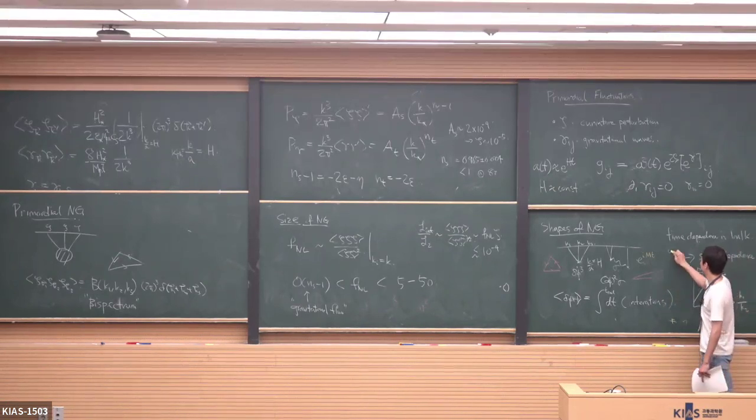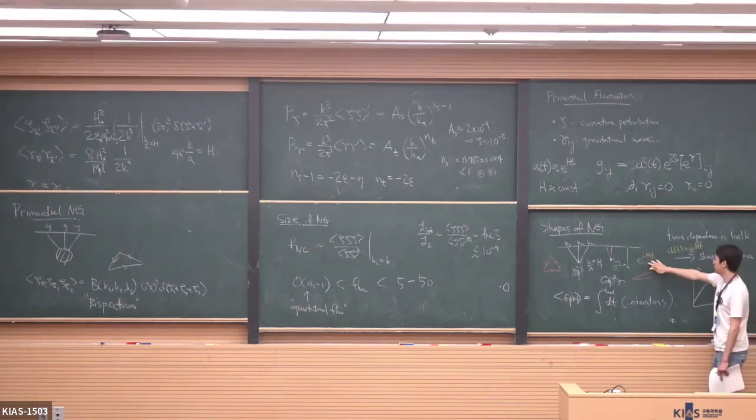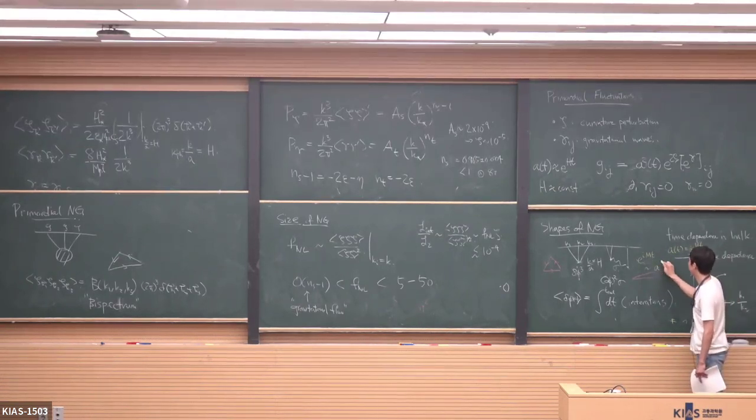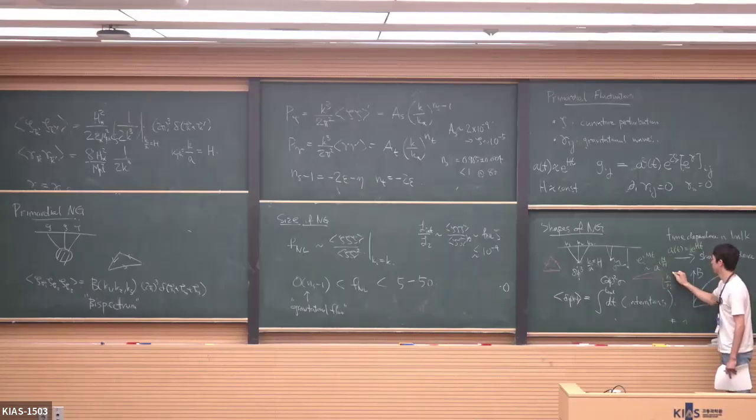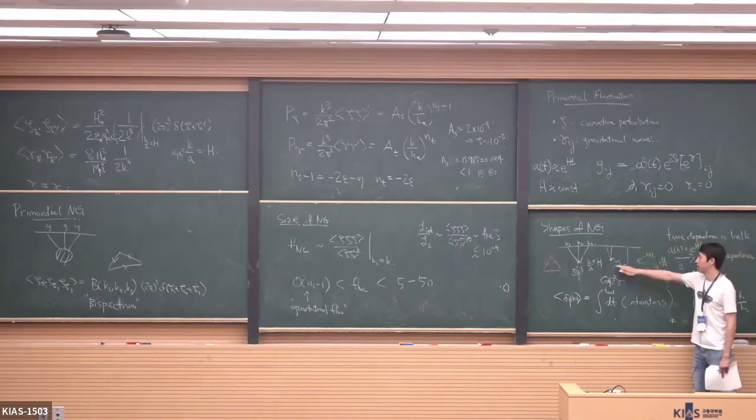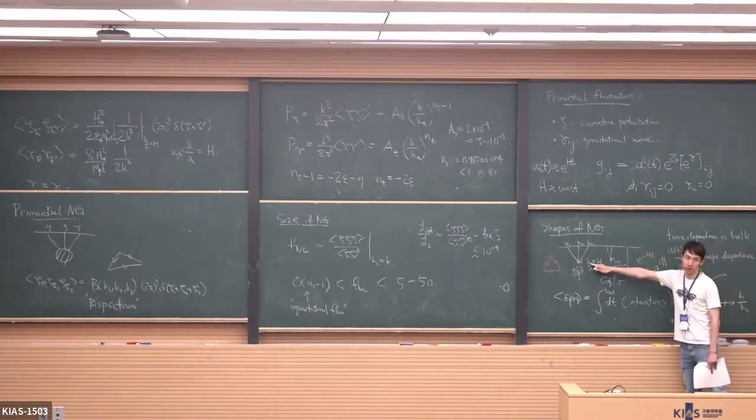Because a of t goes as e to the Ht, this e to the mt behavior really goes as a to the power i times m over H. So this turns into the shape dependence of this bispectrum as this ratio to the same power, because a matters when these wave numbers are comparable to the Hubble scale.